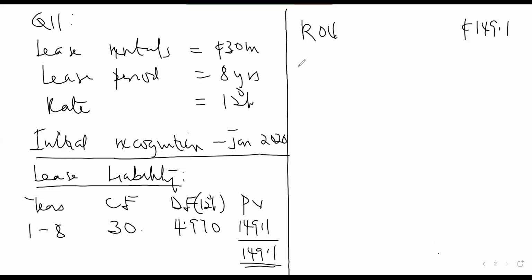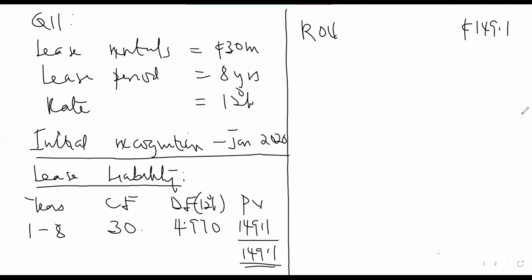IAS 16, property, plant, and equipment. So all those things that you'll be adding over there will be added to the right of use. The lease liability is just the present value of the amount that we should be paying for the asset. So any direct cost, any decommission cost, any borrowing cost will always be added to this.